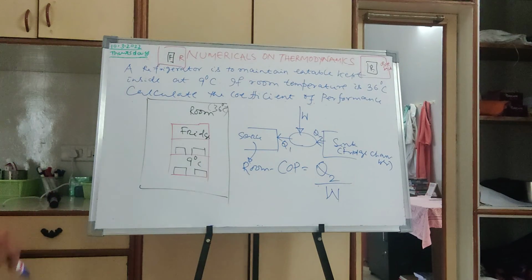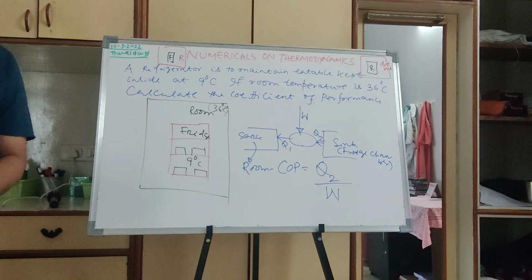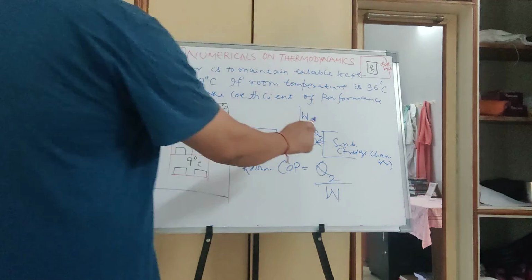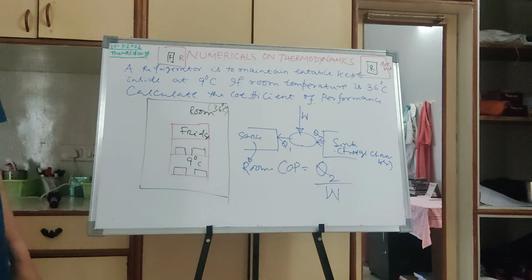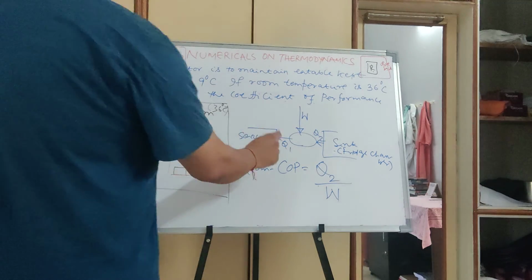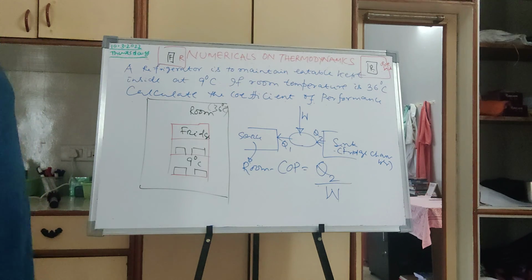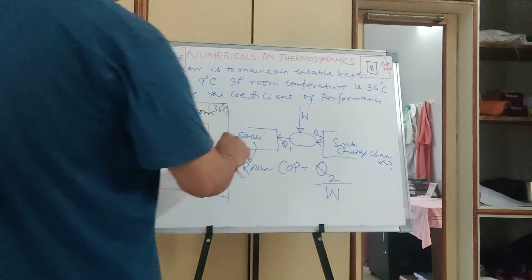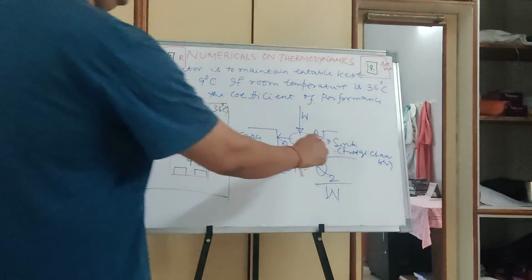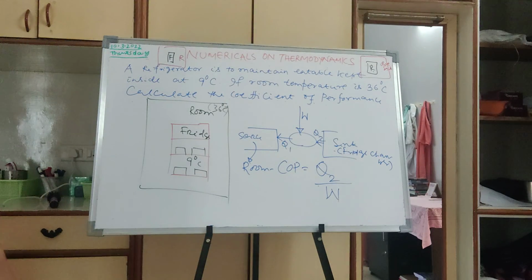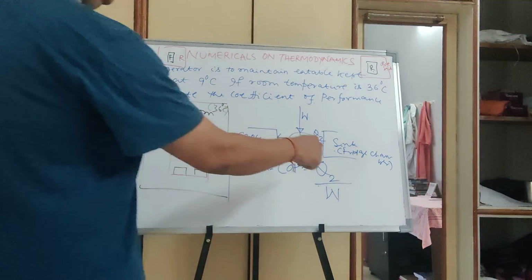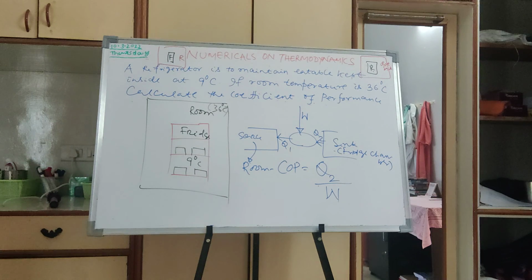So COP is equal to Q2 by W. So Q2 is important here in case of fridge. In case of heat pump, Q1 is important because that is the area of concentration, whereas in fridge, this is the area of concentration. Okay. So Q2 by W is your COP.